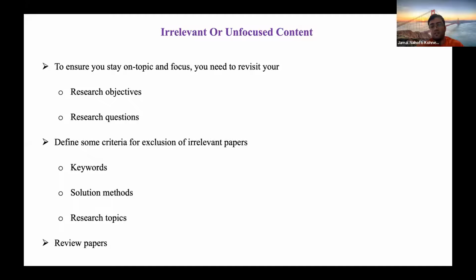After that, you only need to study the papers that were published after the review paper. So you can save time instead of reading the studies from the first study to the last one. So keep it in mind to use a review paper.